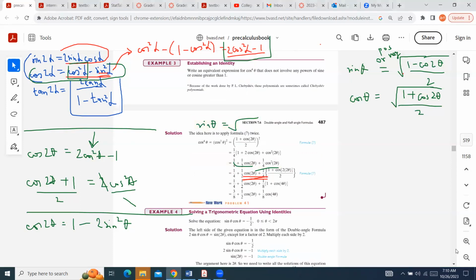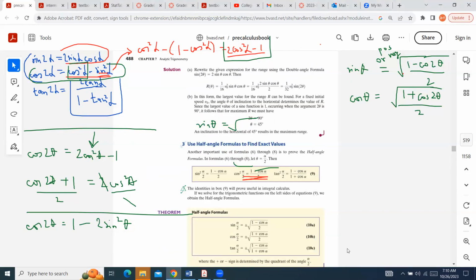If you look at the next group of these formulas, for half angles, notice here they are. Sine of alpha over 2. What you do is, instead of theta, you put alpha over 2. That's a so-called little substitution. If you multiply both sides by 2, you get 2 theta, which is equal to alpha. In other words, in this formula, you can replace your theta with alpha over 2. So you just do a replacement.